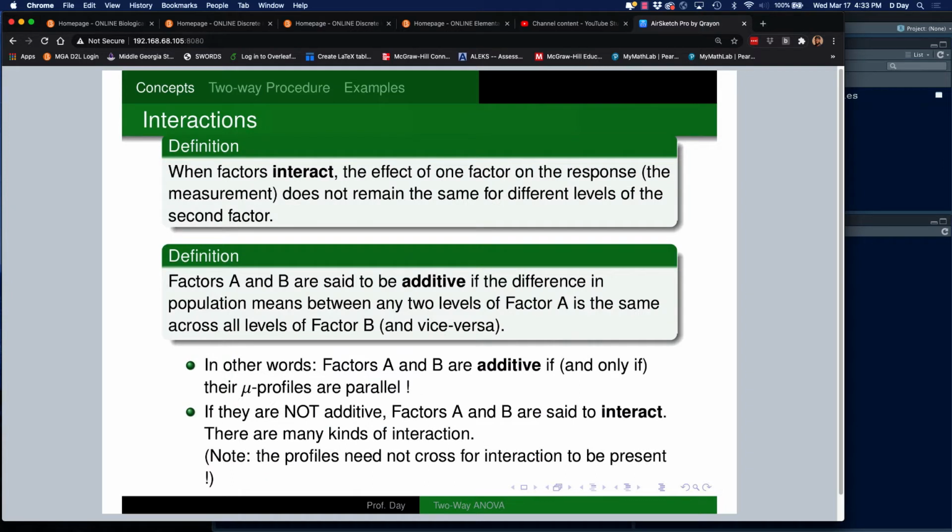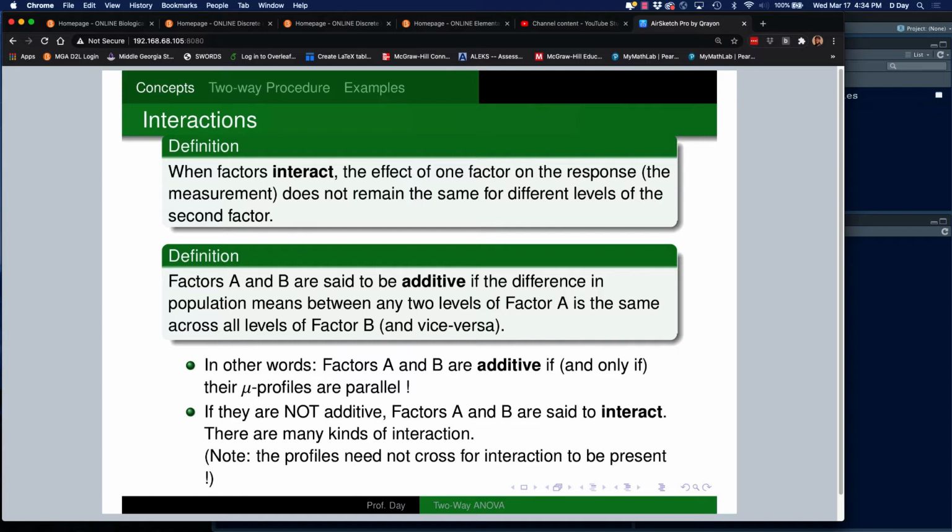All right, so what about the term interact? And we've got another definition, a term called additive. When factors interact with one another, say factor A and B, the effect of one factor on our response or measurement variable does not remain the same for the different levels of the second factor, so factor B. And that's bad.